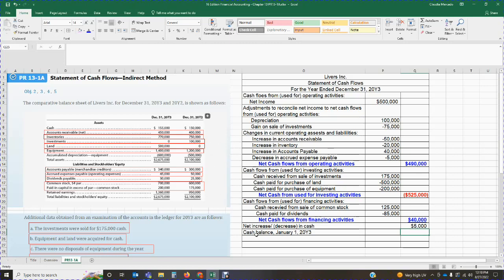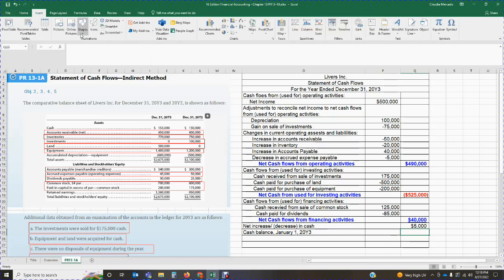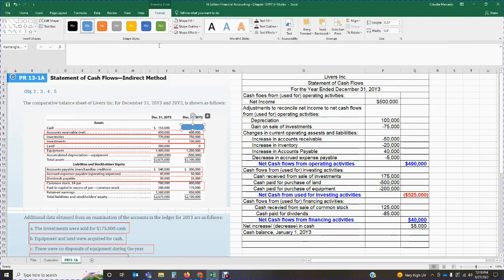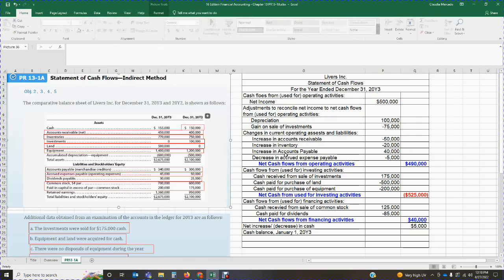We ended December of last year with $150,000. So the first day of 20Y3, January 1st, our starting point is $150,000. That is my beginning balance. We pick up the balance from last year as our starting point.